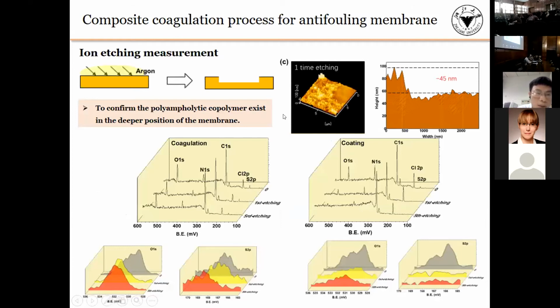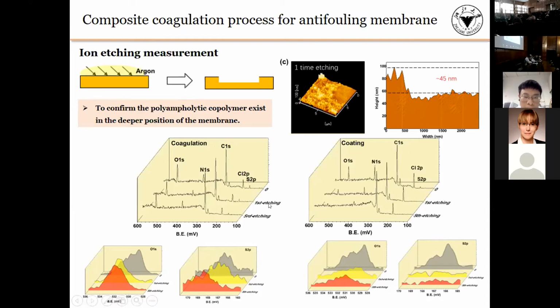In this research, we carefully studied the membrane matrix. We used the attenuated total reflection measurement. We used argon to peel the surface in the matrix. Actually, we found some very interesting phenomena for the membrane made by the coagulation process.